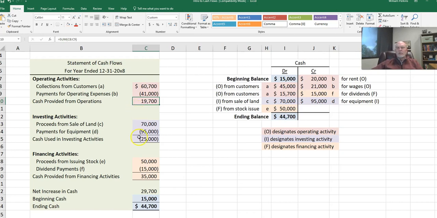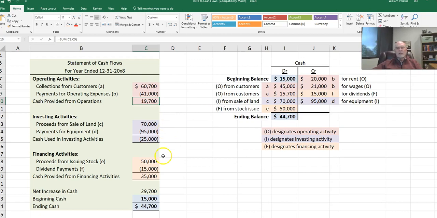Next, we're going to pick up the investing activities. Looks like we collected $70,000 cash from selling some land, but then we also used $95,000 to purchase some equipment. So we had cash coming in and cash going out related to investing activities.